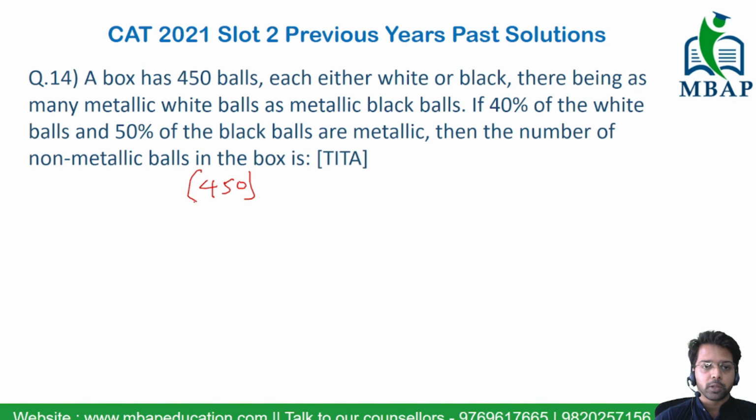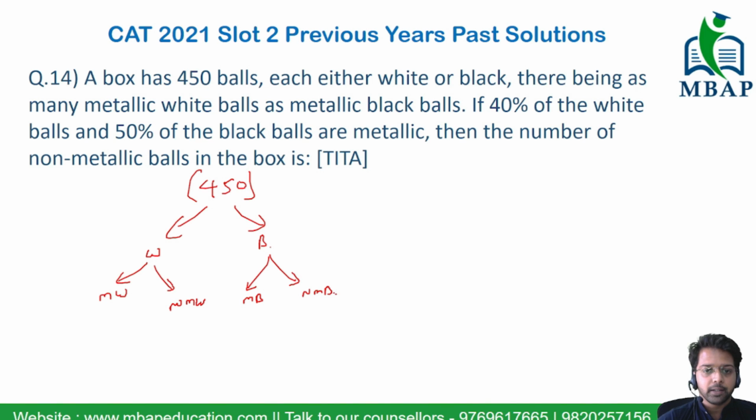The total count of balls irrespective of any of the categories is basically 450. Out of them, you've got some white balls and you've got some black balls. White will be of 2 types, which is metallic white, and the leftover would be non-metallic white. Similarly, black will be of 2 types, which is metallic black and non-metallic black.